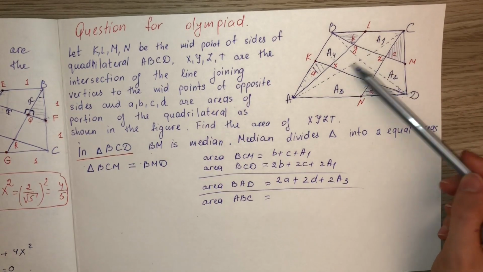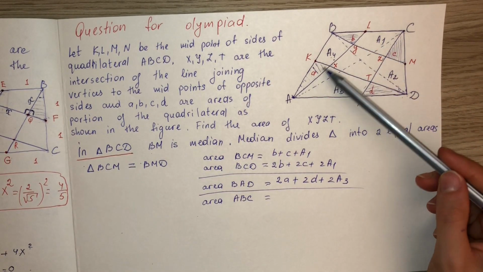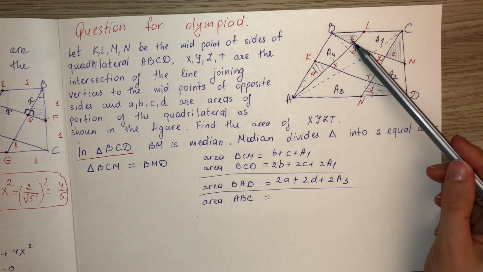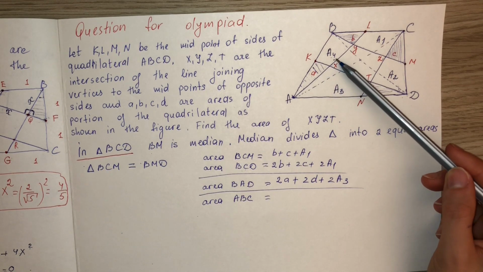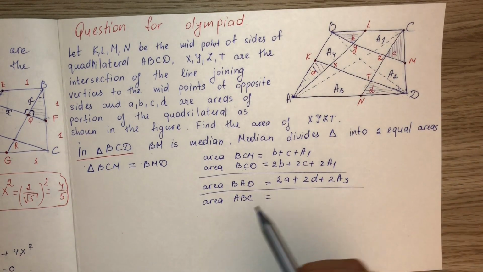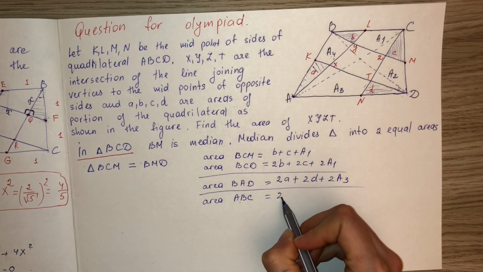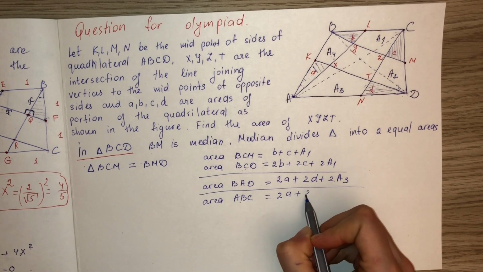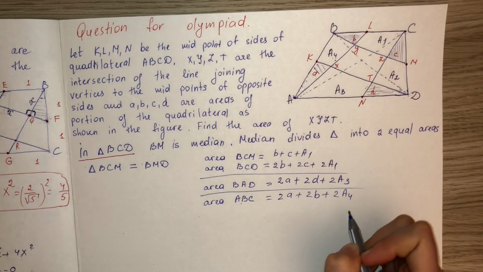And the area of ALC is also equal to A plus A4 plus B, because the median divides this triangle into two equal areas. So we get that the area of ABC is equal to 2 times A plus 2 times B plus 2 times A4.